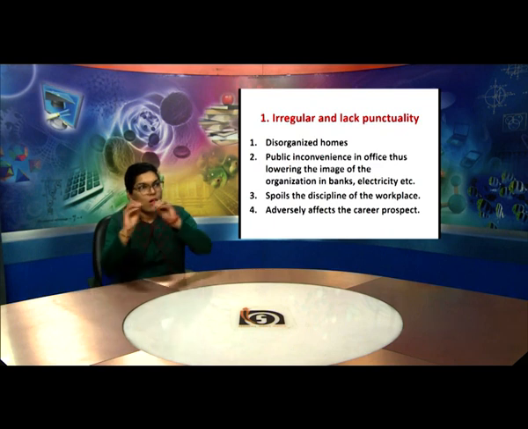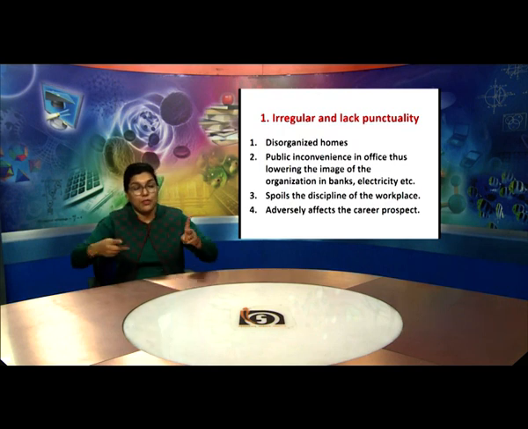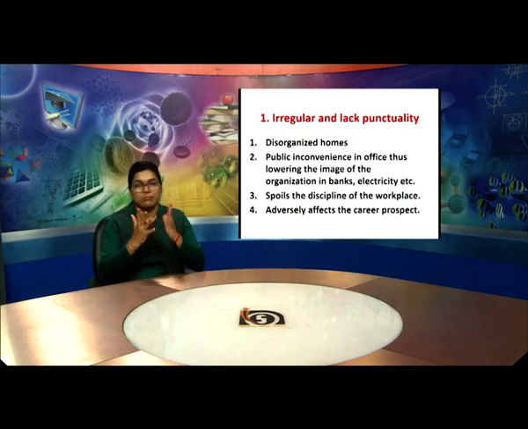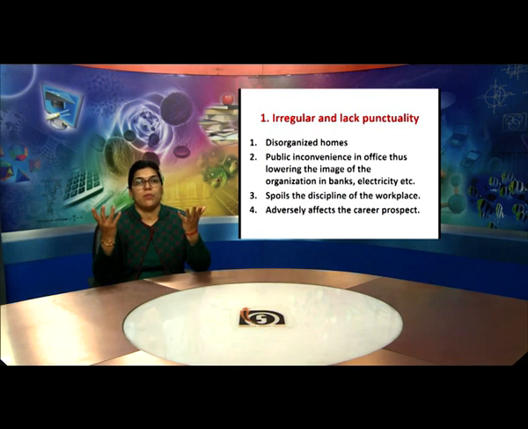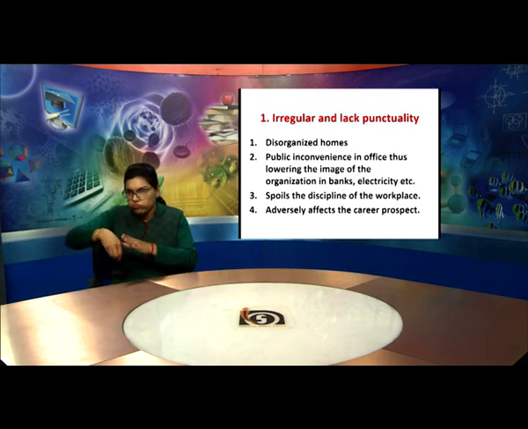We may miss something. For example, the children who are to reach school on time, they may miss their bus, and later on, if one thing is missed, then the second thing and the third thing also keep on missing.